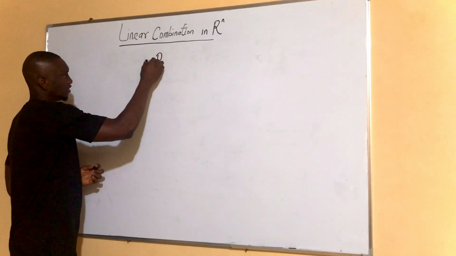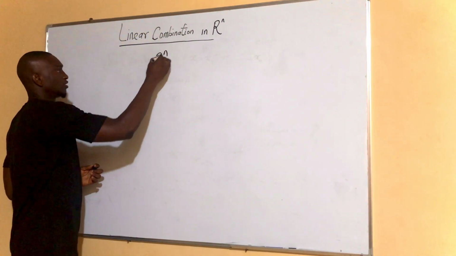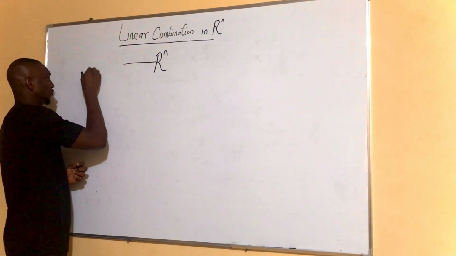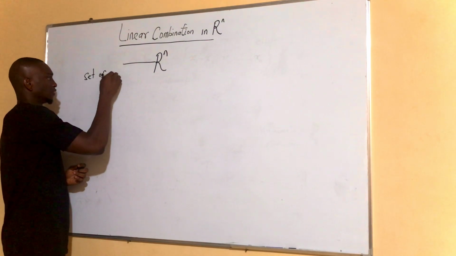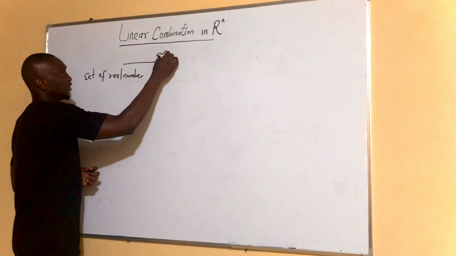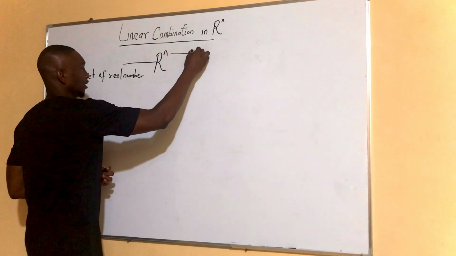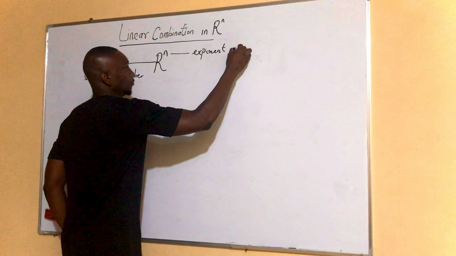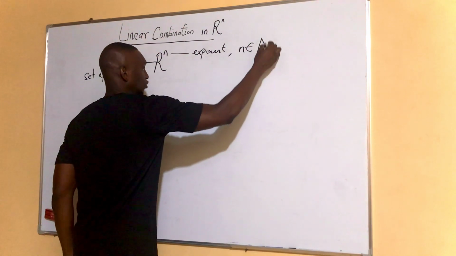Now, this is the expression we're talking about, and we know that this R represents the set of real numbers, and this n here is the exponent, and this exponent n belongs to the set of natural numbers.